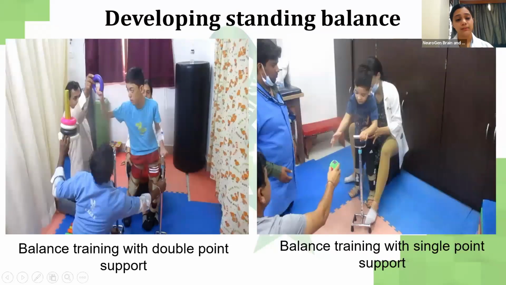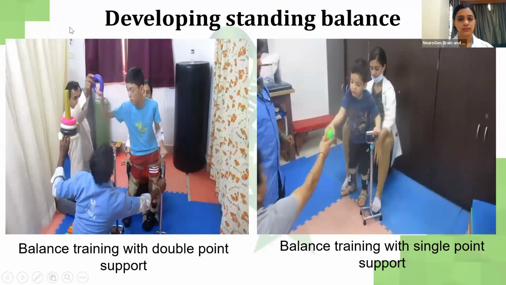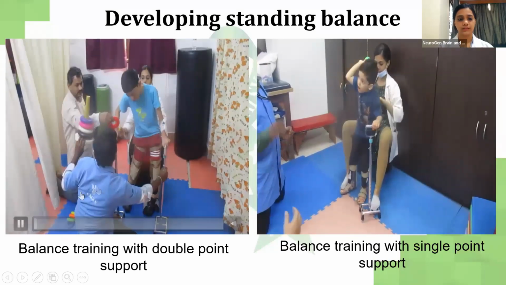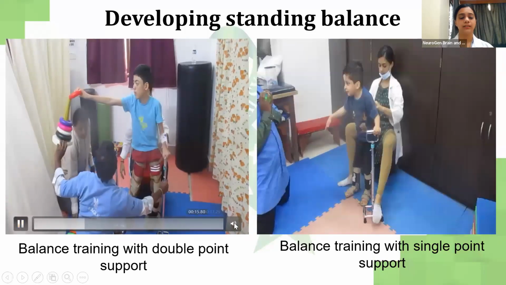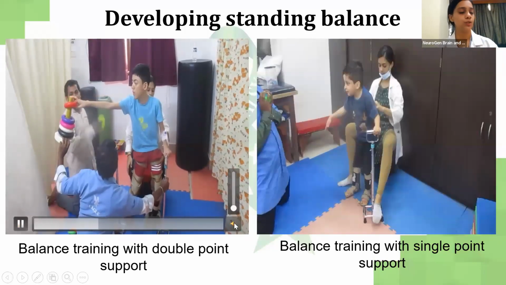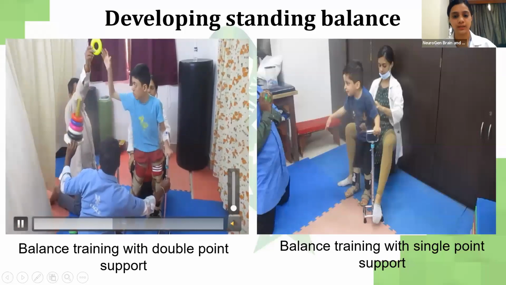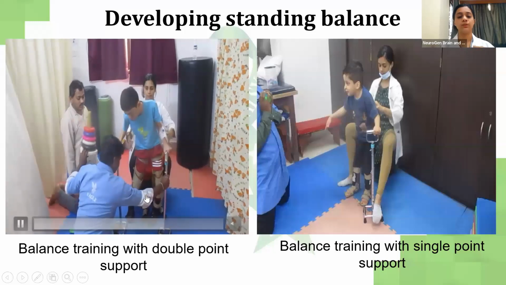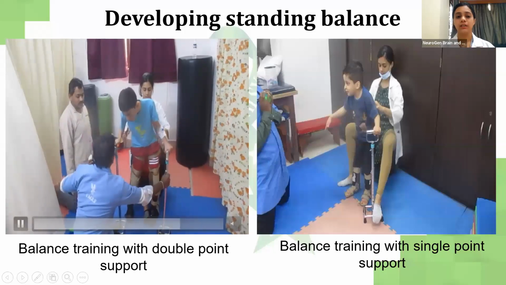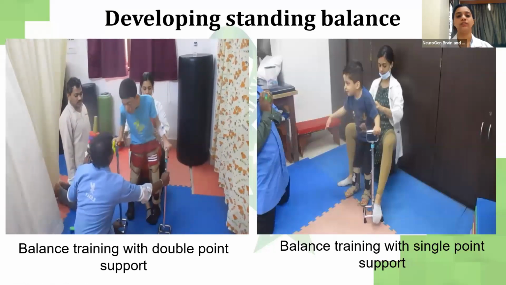Then developing standing balance. So in this, we were expecting him to, like it was a 2 point stand, double point support. We were wanting him to at least stand for some time. So how will we make him stand? Because he did not want to do any of these activities.